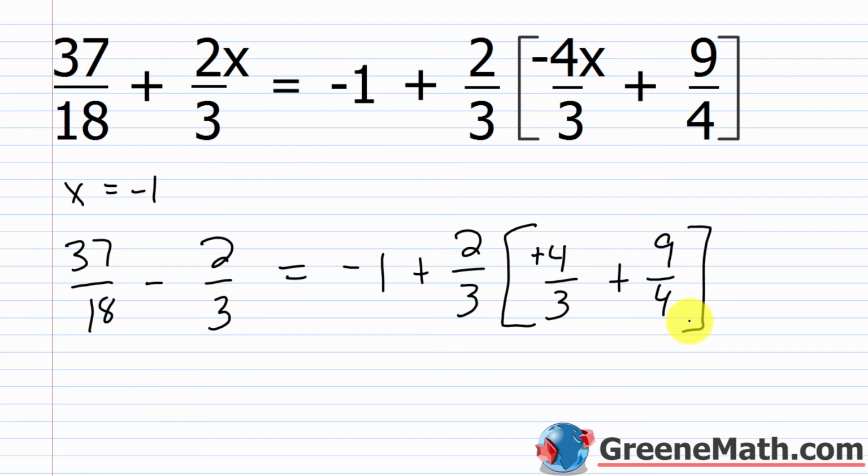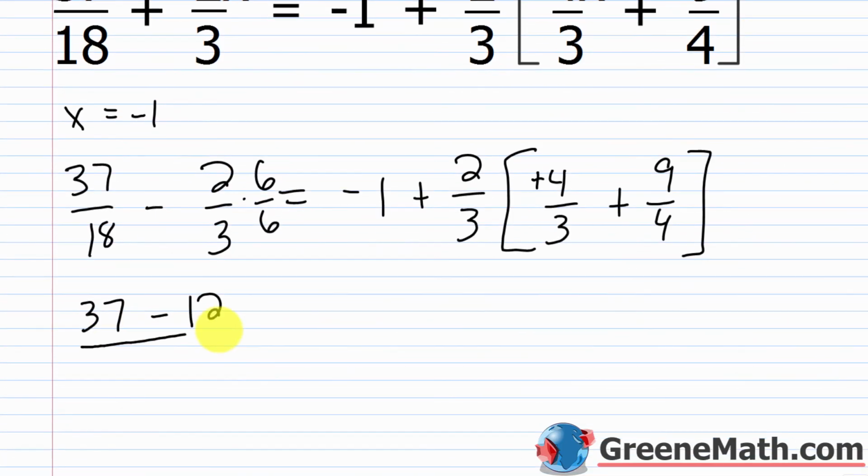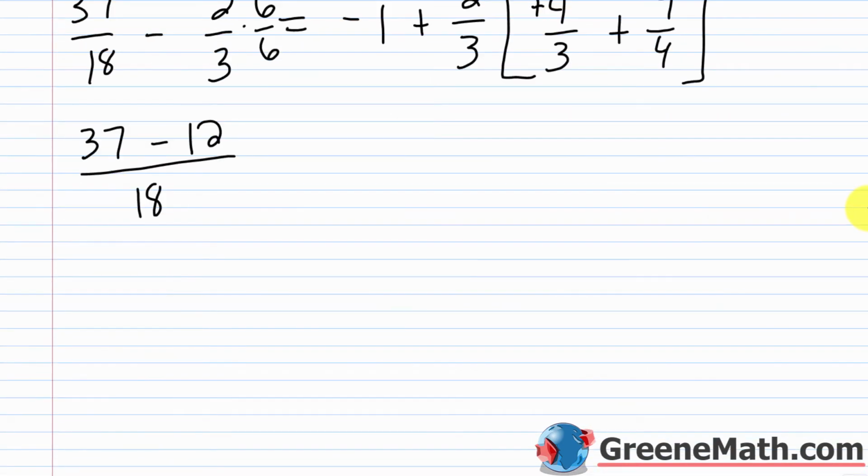So on the left side, I just multiply this by 6 over 6, and I'll have a common denominator. So I'd have 37 minus 2 times 6 is 12, over the common denominator of 18. 37 minus 12 is 25. So this would be 25 over 18.